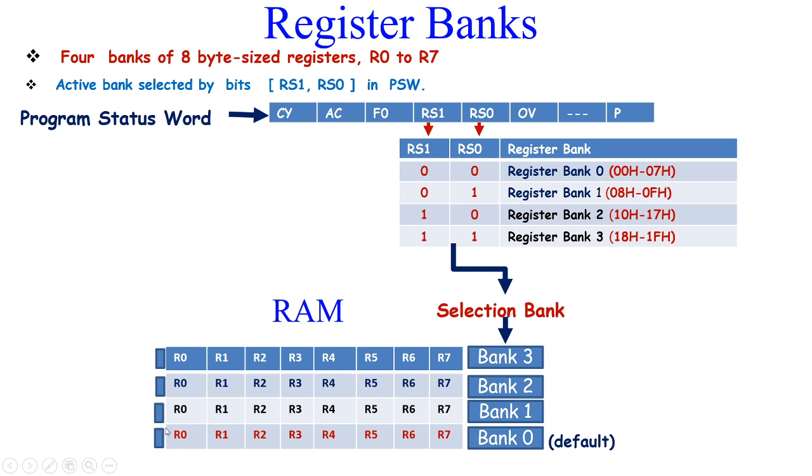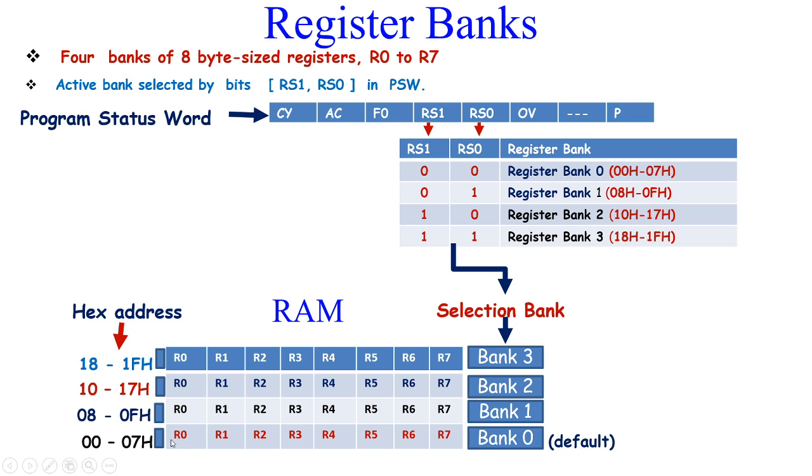Default means the default registers R0 to R7 of bank 0. So these are the 8 registers in each bank: bank 0, bank 1, bank 2, and bank 3, and these are the addresses of each bank. Bank 0 is 00 to 07, bank 1 is 08 to 0F, bank 2 is 10 to 17, and bank 3 is 18 to 1FH.